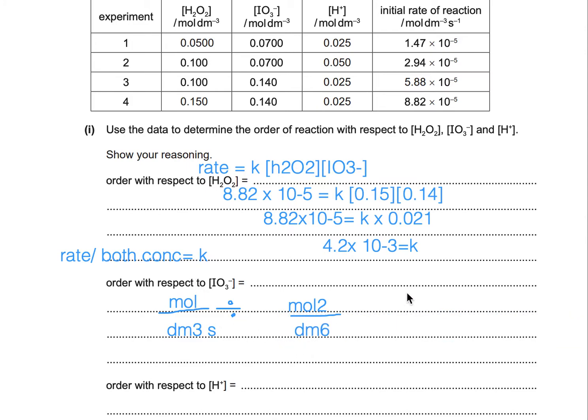Since these both are being divided, when we take the reciprocal, one of them will be inverted. So this one would be dm6, and this one would be mole square.